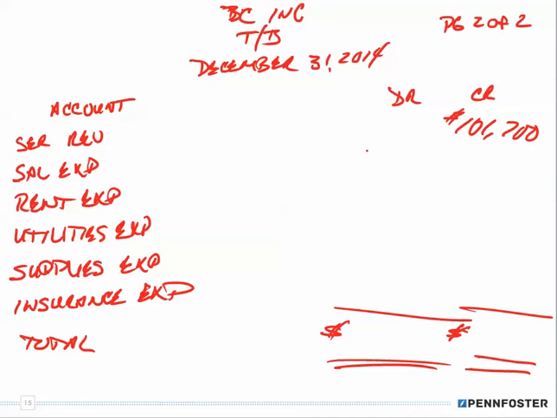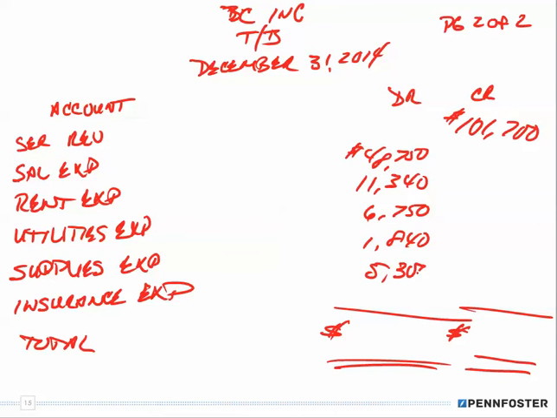For the salary expense, I have 48,750. 11,340. Utility expense is 6,750. And supplies expense 1,840. And for insurance expense 5,300.